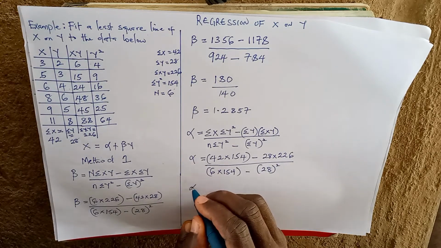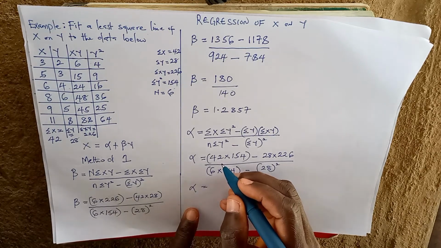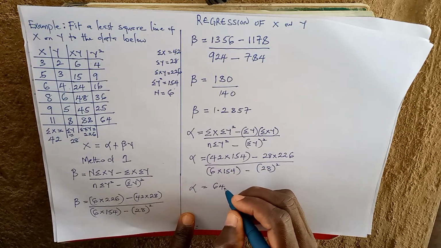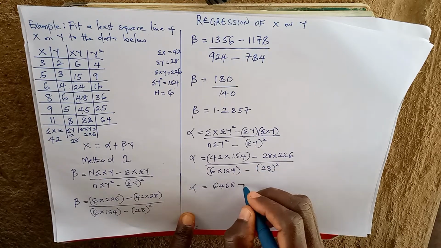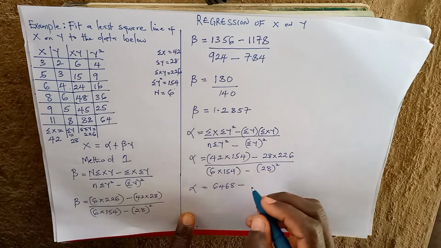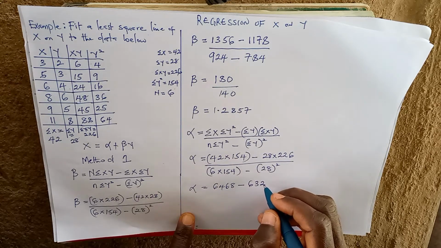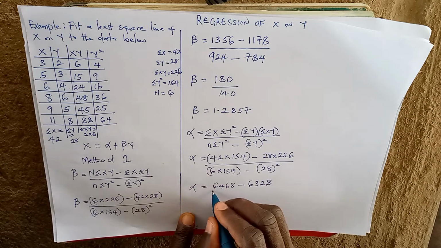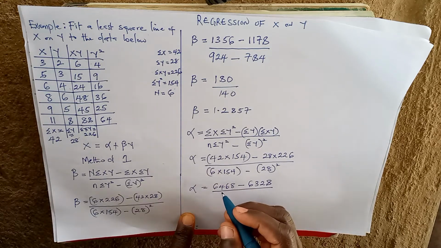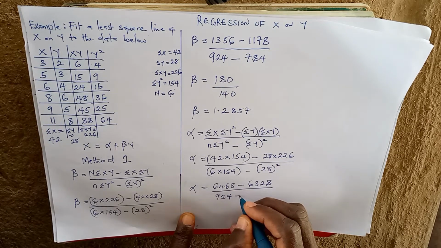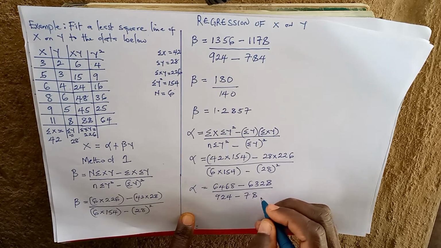Now we have alpha equals 42 multiplied by 154, that will give us 6,468, minus 28 multiplied by 226, that will give us 6,328, divided by, like we already have it here, 924 minus 784.